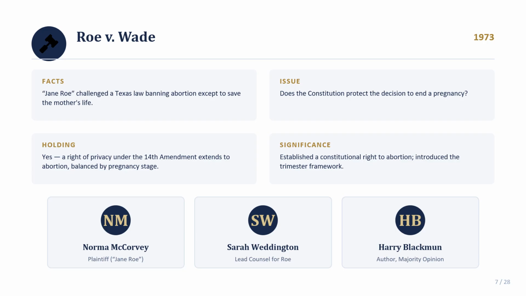So think about this based on what we've just covered about Griswold and Eisenstadt. Can you predict what specific line from Eisenstadt that Justice Blackmun likely built on most directly? I'll go ahead and spell it out for you.